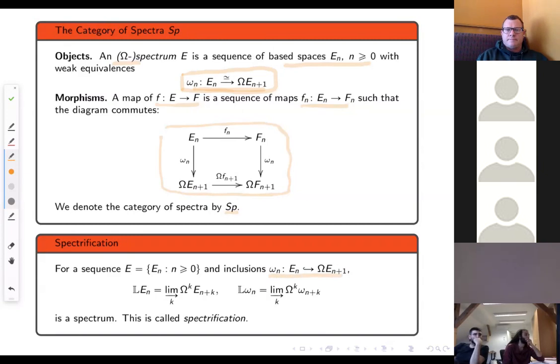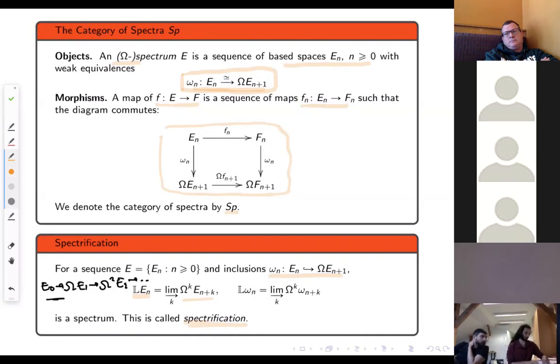If you have a sequence, but it's not quite a spectrum, then you can upgrade it. So for this LE, its zeroth space is going to be the colimit of these gadgets here. So you have E0 goes to loops E1, goes to loops 2, E2, and you keep going. So you can take the colimit here, and the colimit of what I wrote here would be the zeroth space of the new spectrum. And this new spectrum, you call the spectrification. Okay? And you do something similar with the structure maps.